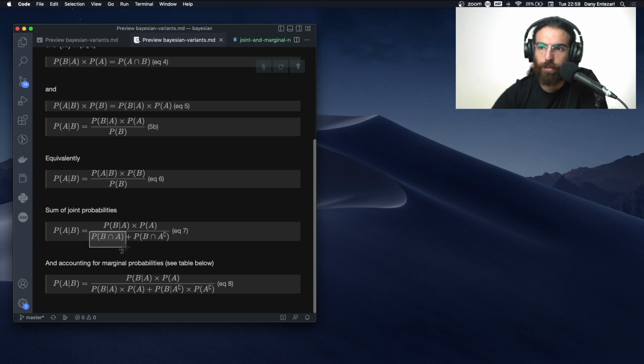Similarly, we can replace this with a similar looking expression, except here instead of A we have the complement of A. And this is what we are going to use. We're going to use this form of the Bayesian theorem in the next example.